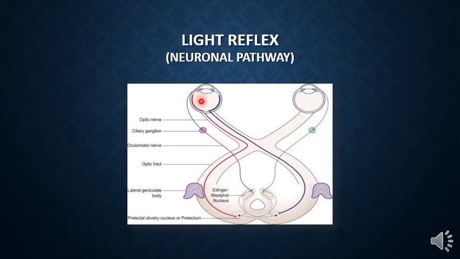So, when light is projected on an eye, there will be constriction of pupil on that side, and there will be simultaneous constriction of the contralateral pupil as well.